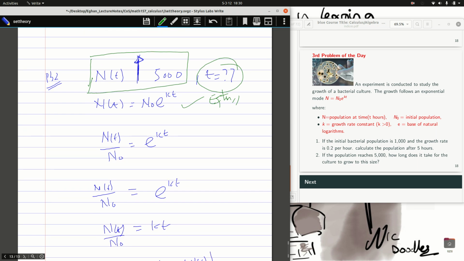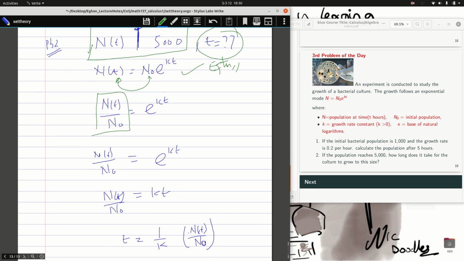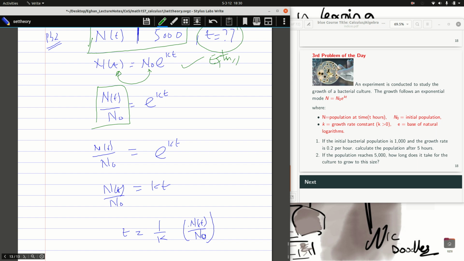Because I want t, the first thing will be to divide both sides by N naught, and that is what I have here. t is an index here, so I want to find a way to clear it or have it for myself, and the only way is to take the natural log of both sides.